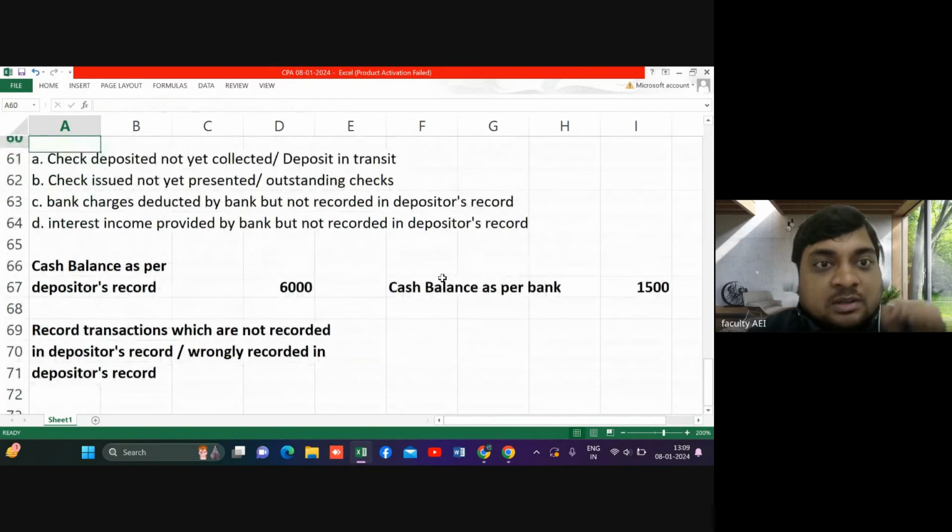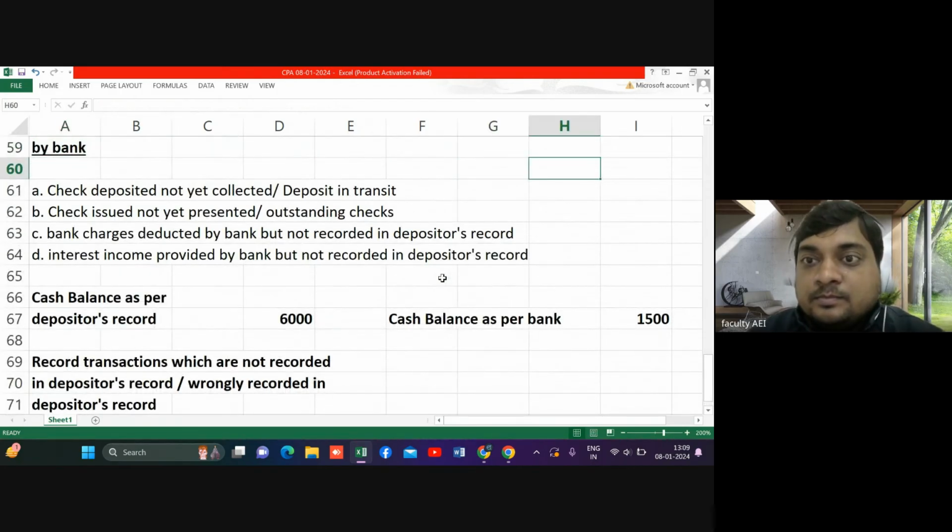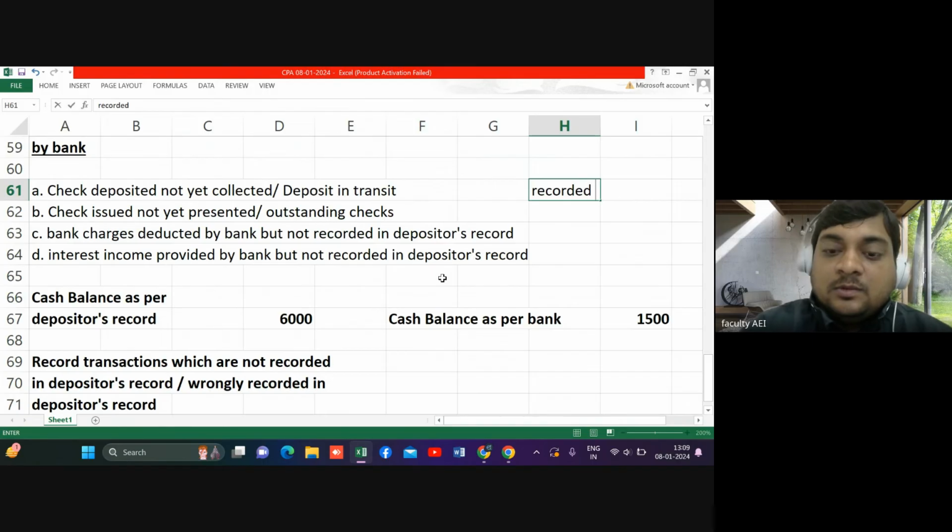So out of this, this is recorded in depositor's book.